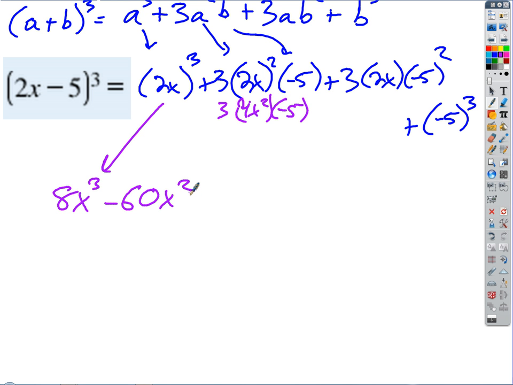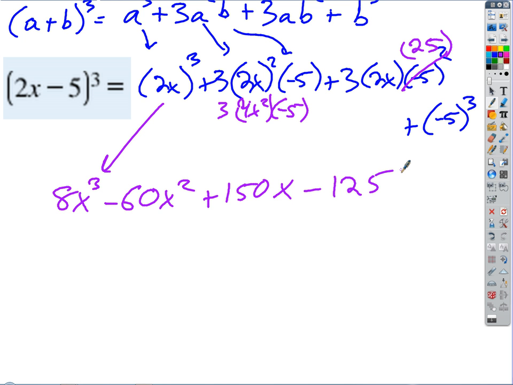What about the third term? I'm going to get 3 times 2x times negative 5 squared. What's negative 5 squared? 25. 3 times 2 is 6, times 25 is 150, sorry, times x. Now I'm going through the arithmetic fast, but I just want to get through lots of examples. And then negative 5 cubed is just negative 125.